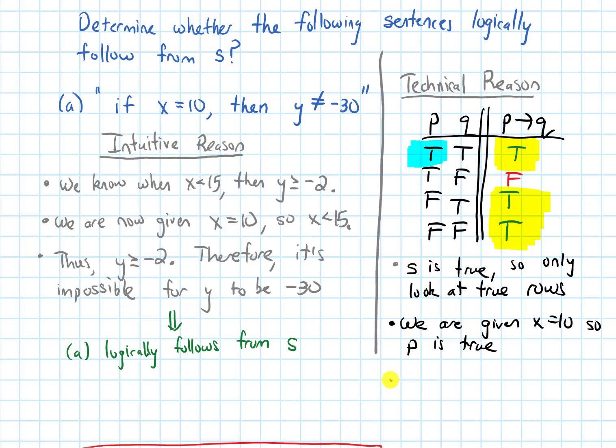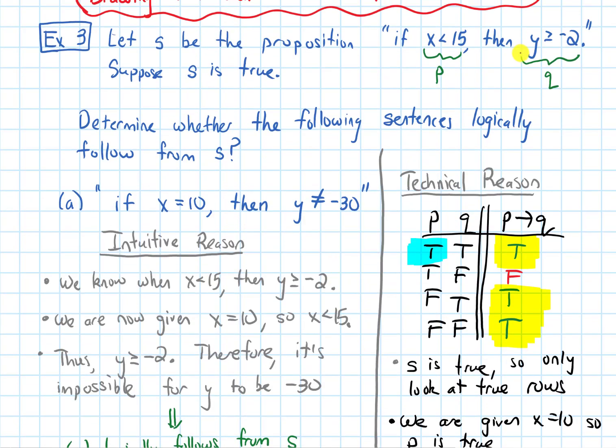All right, so because of that, this must mean that Q is true, because now we know we're in the first row. So if Q is true, that means y is greater than or equal to -2, because that's what Q is saying.